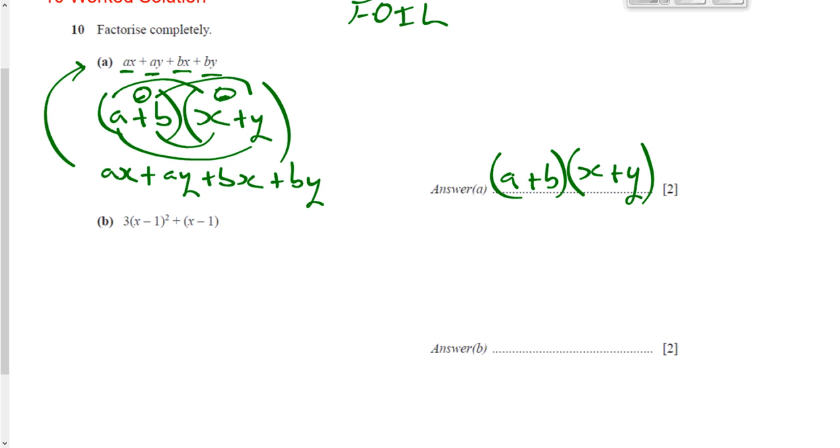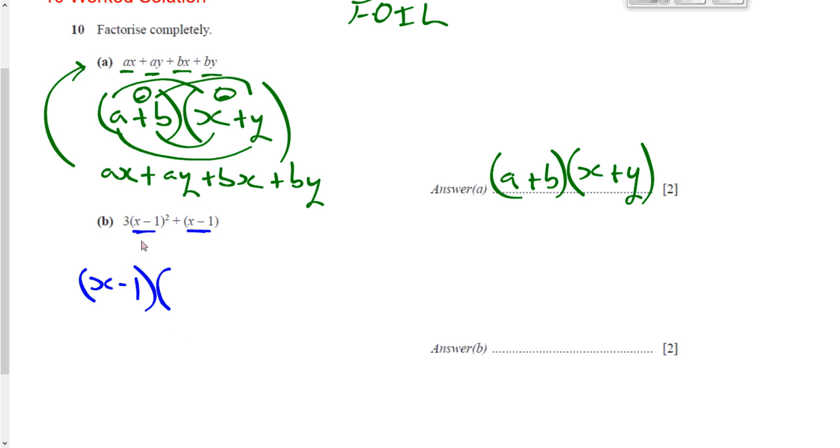Now the first thing that I notice here is that the inside of my brackets are both the same. So what we can do is factorise by grouping. I'm going to take out our common factor of these two terms. Our common factor is actually X minus 1. So in my next set of brackets I'm going to put what's left over.